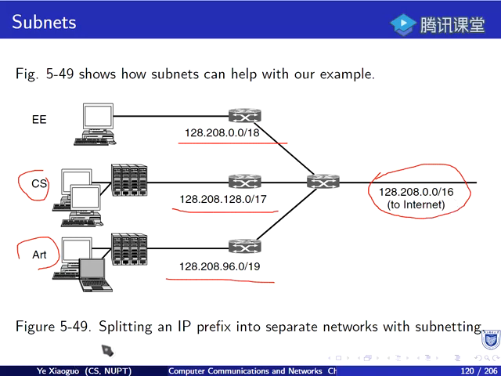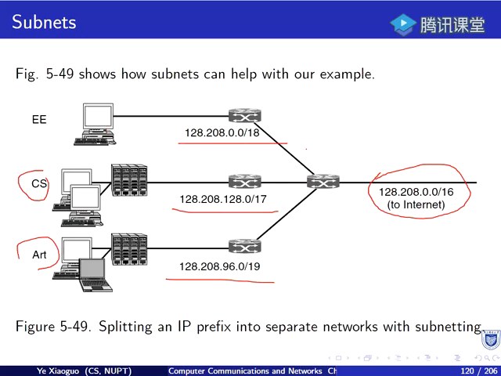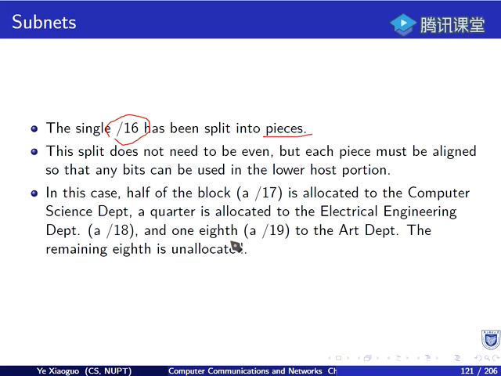This figure shows splitting an IP prefix into separate networks with subnetting. The single /16 has now been split into three pieces, right? Three pieces.